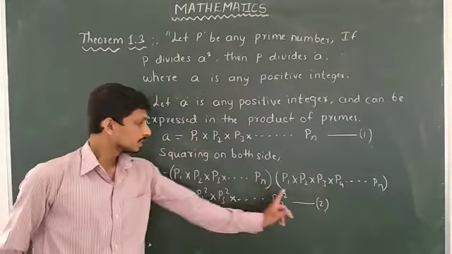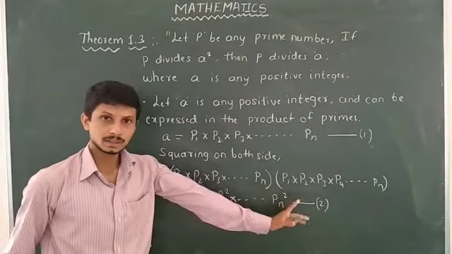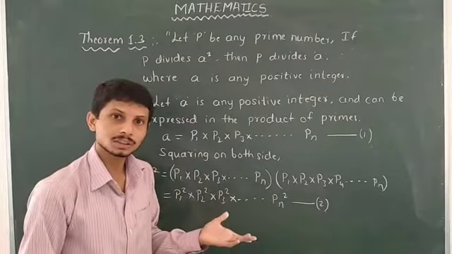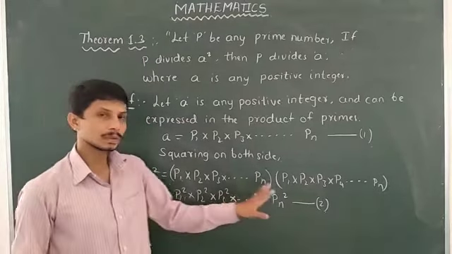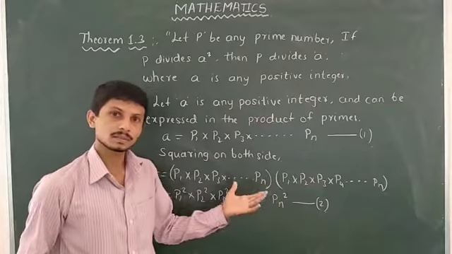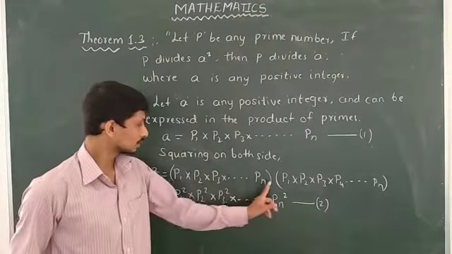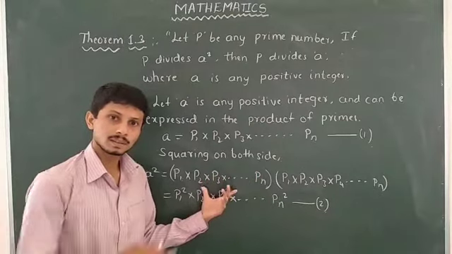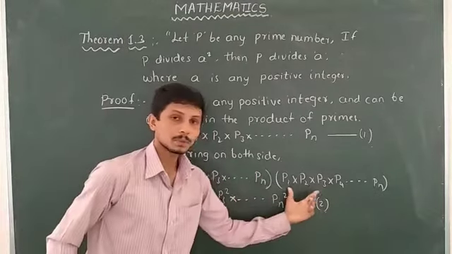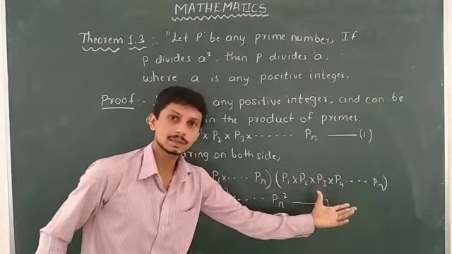From this expression we can come to the conclusion that P1, P2, P3 are each multiplied 2 times, and can be separated like that. So that means P also divides A square.